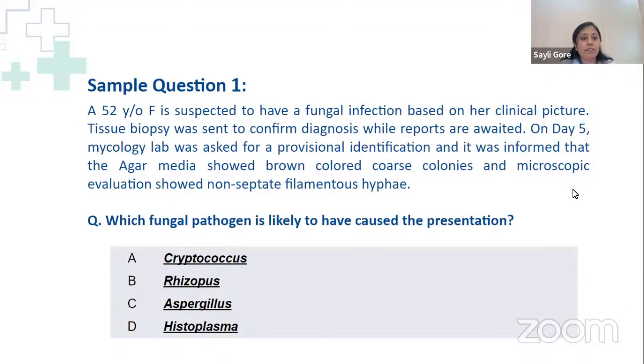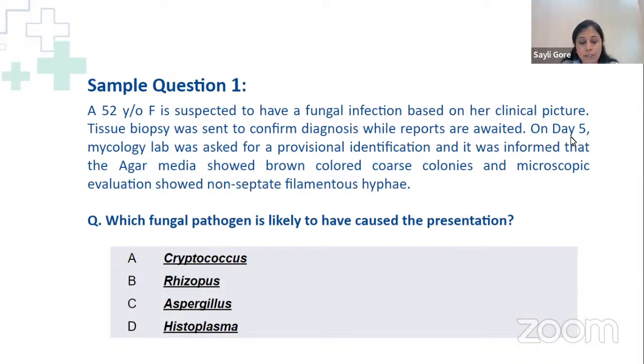Okay, I'll just pose one question to you. Maybe we can allow a few moments for some answers in the chat box. A 52-year-old female is suspected to have a fungal infection based on her clinical picture on admission. Her tissue biopsy was sent to confirm her diagnosis while the reports were awaited.